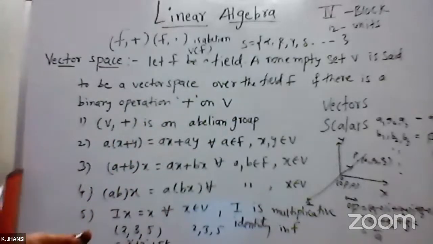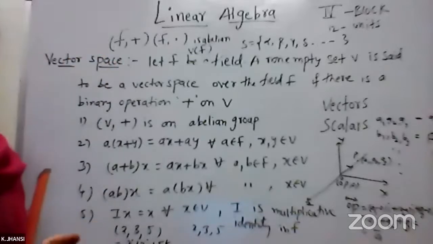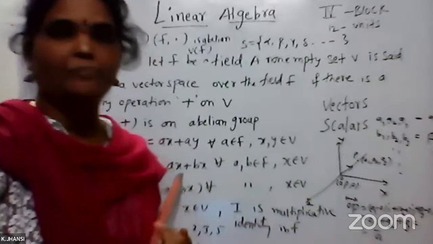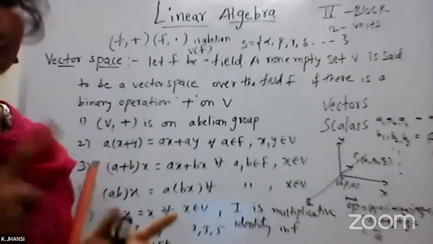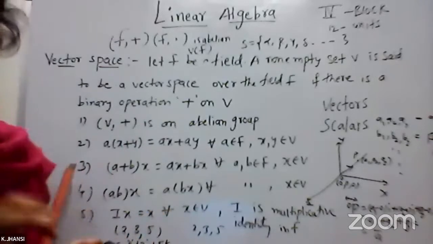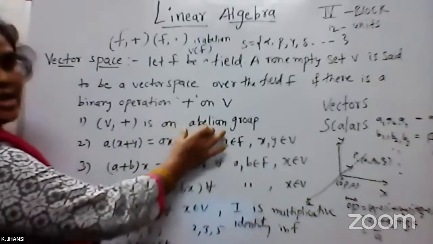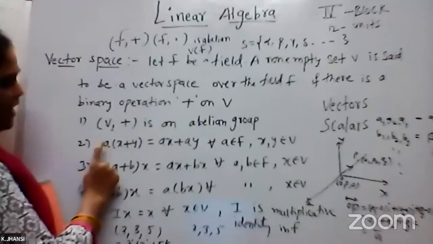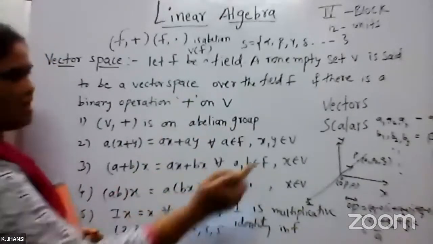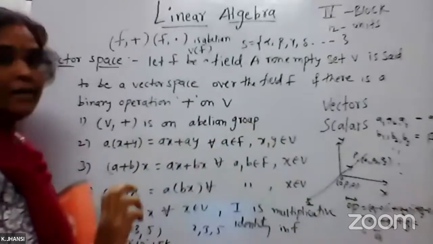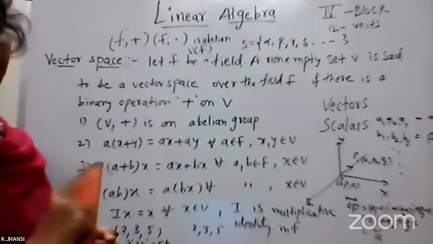Okay, abelian group means, as I have already told, 5 properties will be there. That means with respect to addition, it has to satisfy the closure property, associative property, additive identity, additive inverse, and also the commutative law. If these 5 properties are satisfied, it is called an abelian group. And the second one is a into x plus y equals ax plus ay, for all a from the field of scalars, and x comma y from the set of vectors.